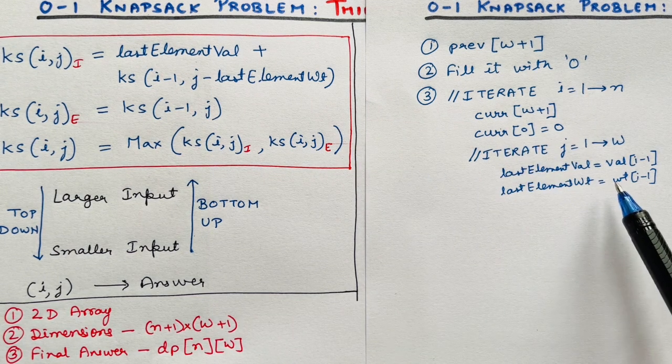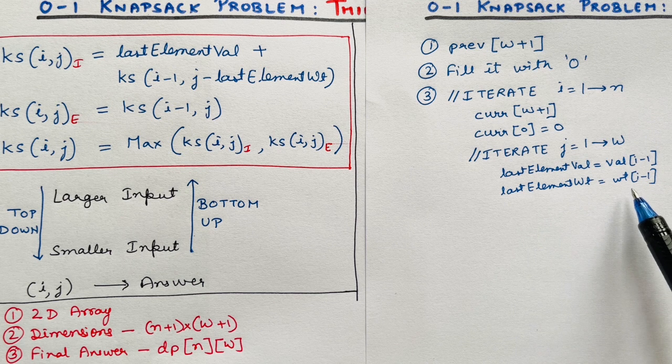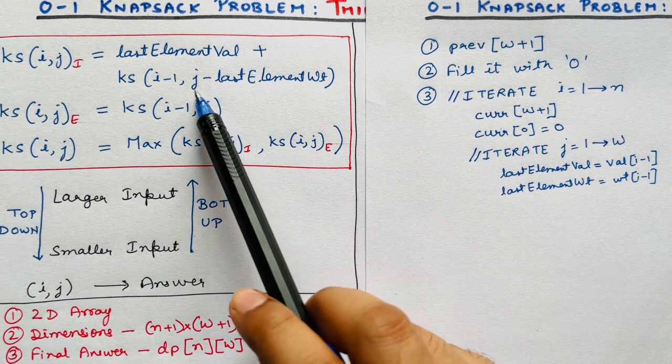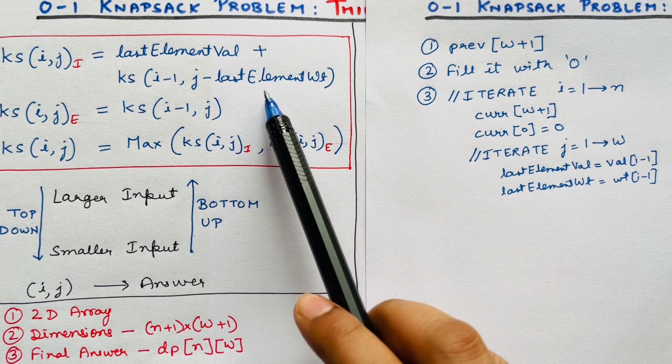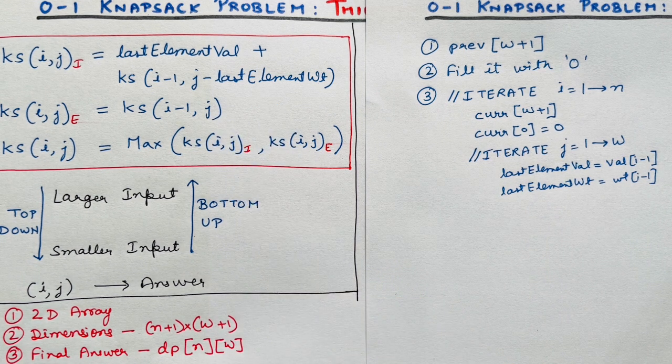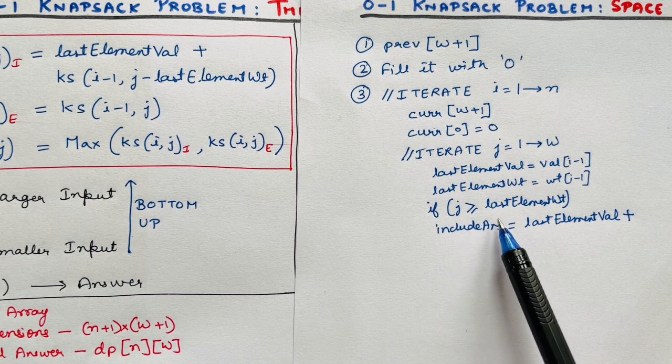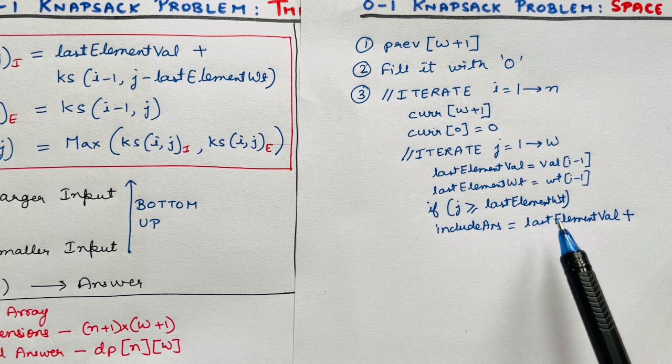So we have the last element's value and weight from the val and weight arrays. Next, including the last element makes sense only if the capacity of the knapsack is greater than or equal to the weight of the last element. So we add this condition.